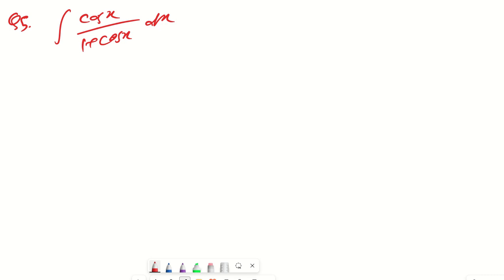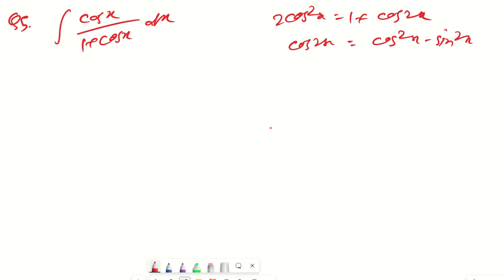Okay, so you know already that we have formulas like 2 cos square x is equal to 1 plus cos 2x. So this way we can try to solve this. So what we can do, can we do this one, or one more thing is there, we have, let us say cos 2x is equal to cos square x minus sin square x.